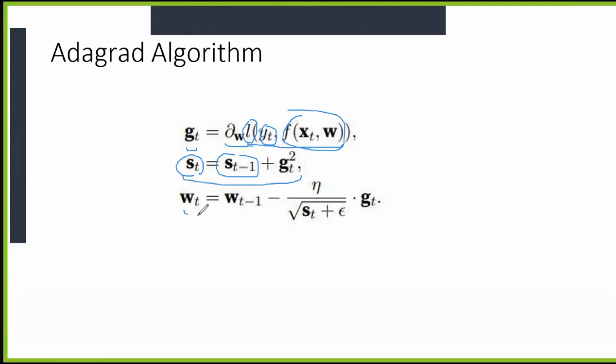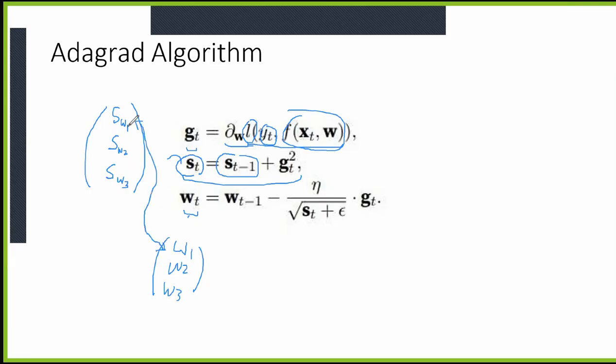What I mean is that we have a weight vector holding weight 1, weight 2, weight 3, and these accumulated gradients have a correspondence to them. So S_W1 here is all the accumulated gradients that were used for updating weight 1 throughout the course of training.